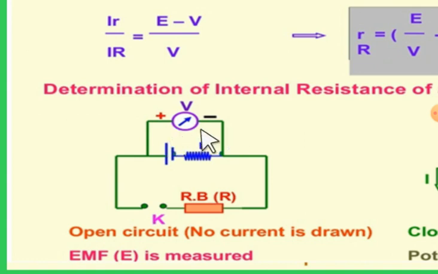Instead we can use the potentiometer for measuring EMF. Why? Because the potentiometer gives a more accurate reading than the voltmeter. Because the voltmeter draws some current, as it has its own resistance, its own coil. So some current will surely be drawn from this cell itself, but in the case of the potentiometer, no such current is drawn from the cell.